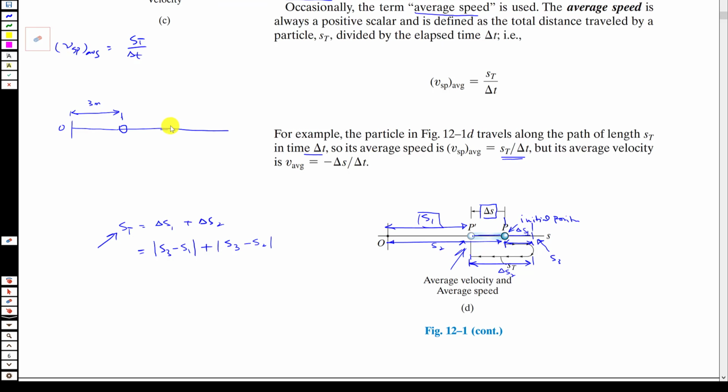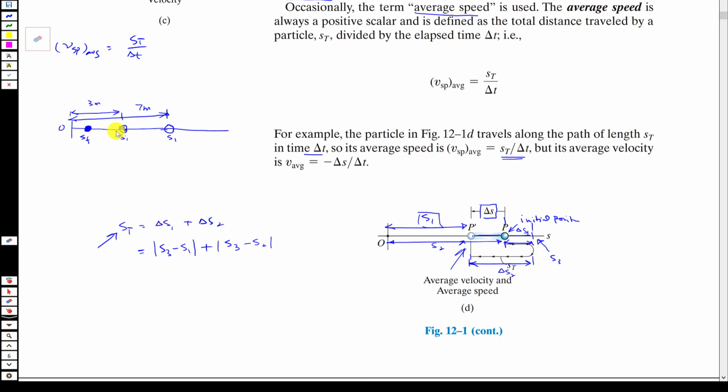Then this particle traveled to this point, and let's say this distance is 7 meters, and then it turned back and reached this point. This is the final position. So initially the particle was here, then it traveled to this position, and then it traveled back. This is the initial position, s1, and this is the final position.